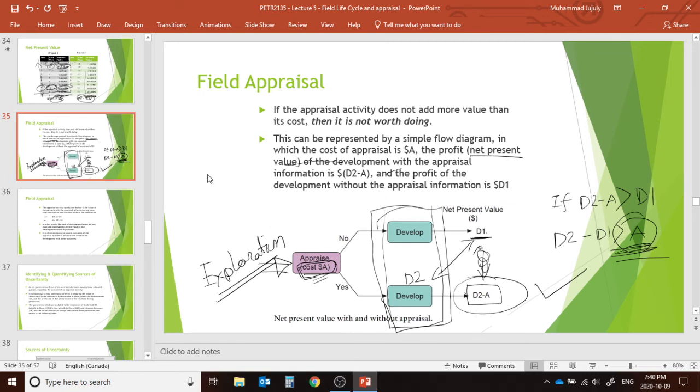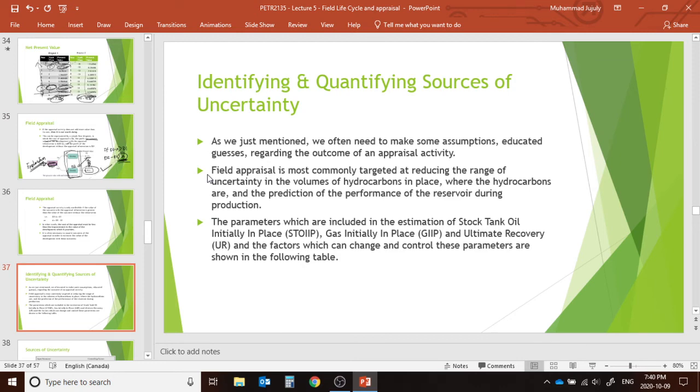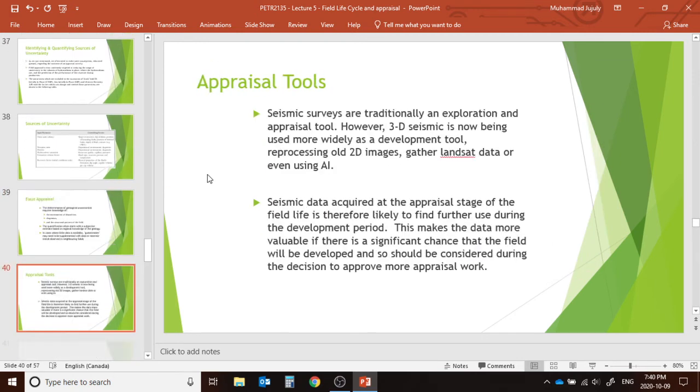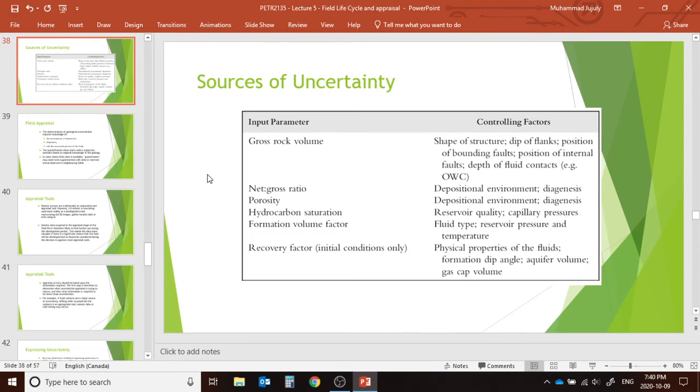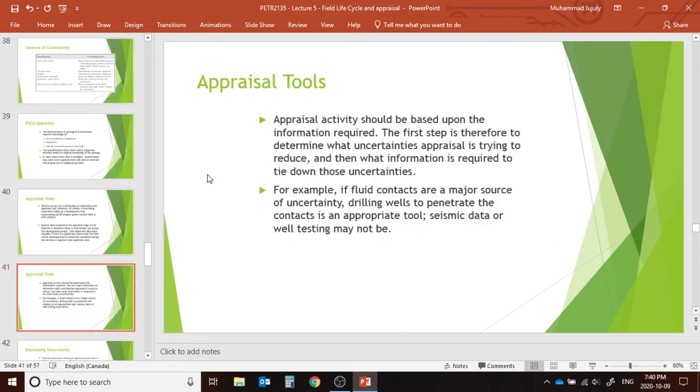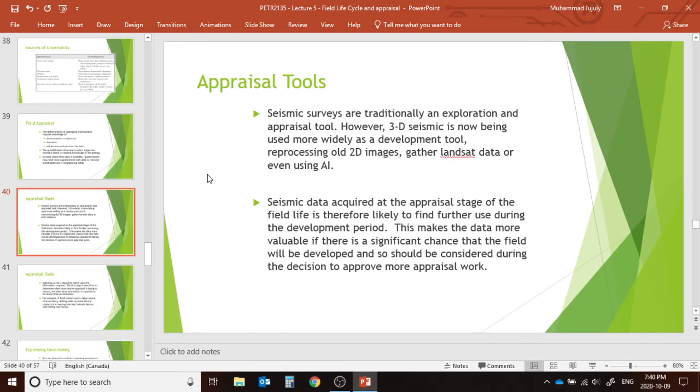Okay, and then we'll get our idea, should we actually continue doing the appraisal or not. So what are the tools we actually use to detect this, to reduce the uncertainties? We use rigorous seismic surveys, or 3D seismic surveys, or if we had 2D, then we should actually do the 3D seismic survey.